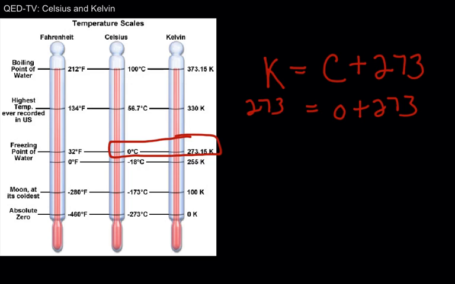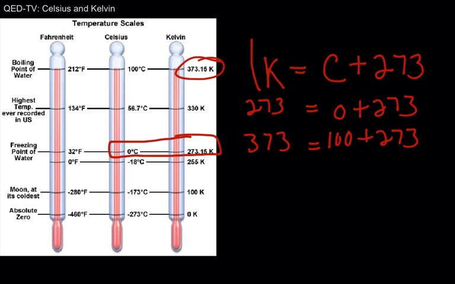So if I want to find out what boiling is in Kelvin, and I know that boiling in Celsius is 100 degrees, well, 100 plus 273 equals 373, and that would be my boiling on Kelvin. So this is a very easy conversion factor to go between Celsius and Kelvin.